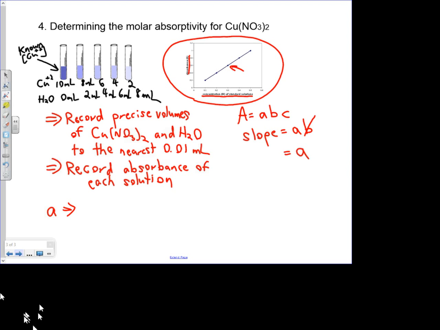From there, we're going to use Beer's law to find the concentration, C, of our unknown solution. From there, once we found the concentration of the unknown solution, so the solution with the brass object in it, we are going to use that concentration.